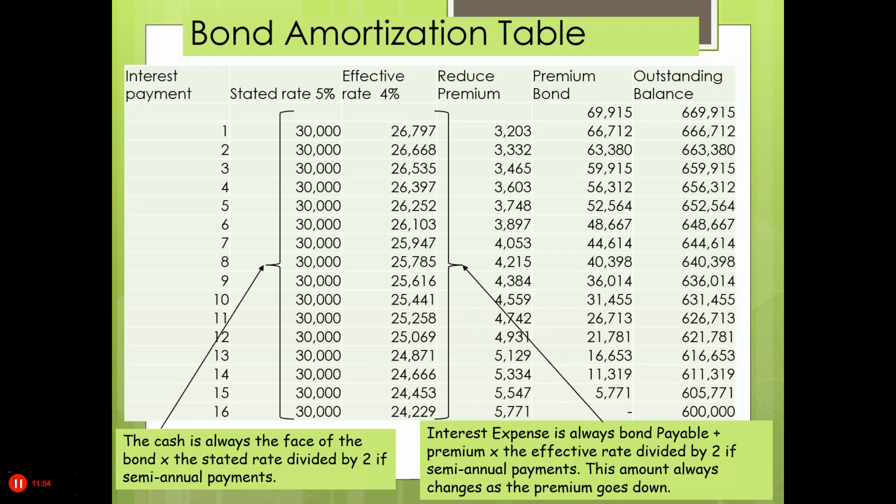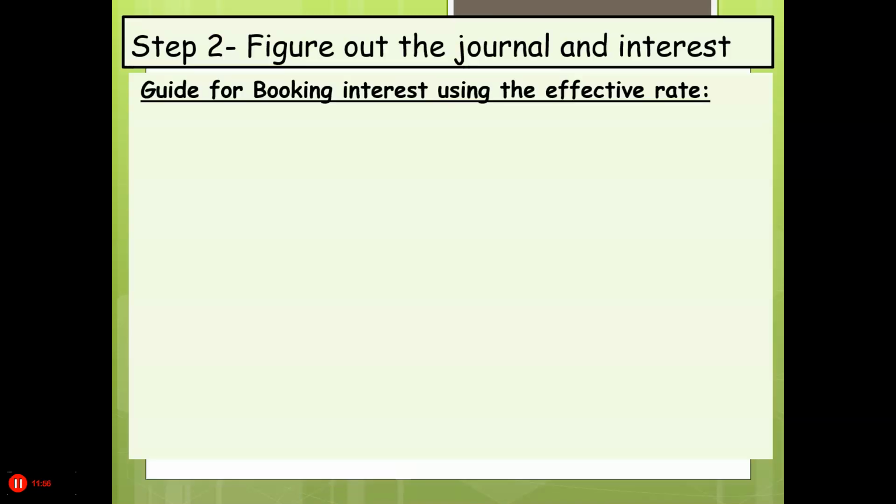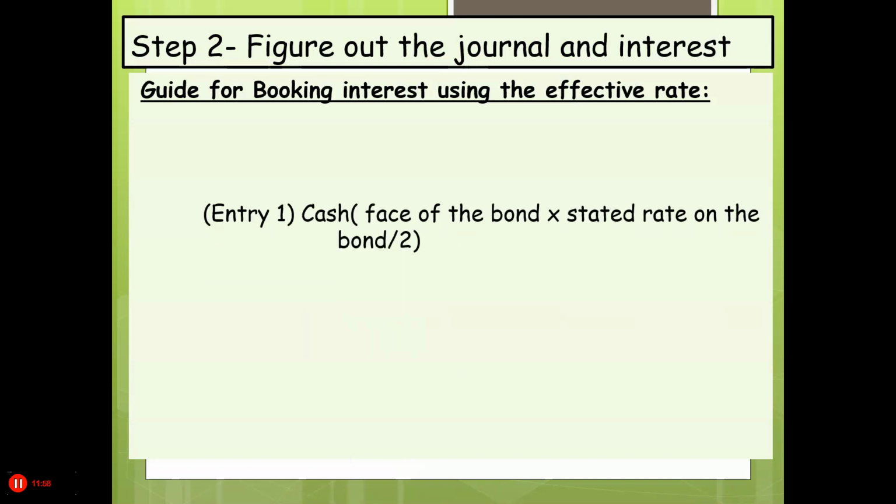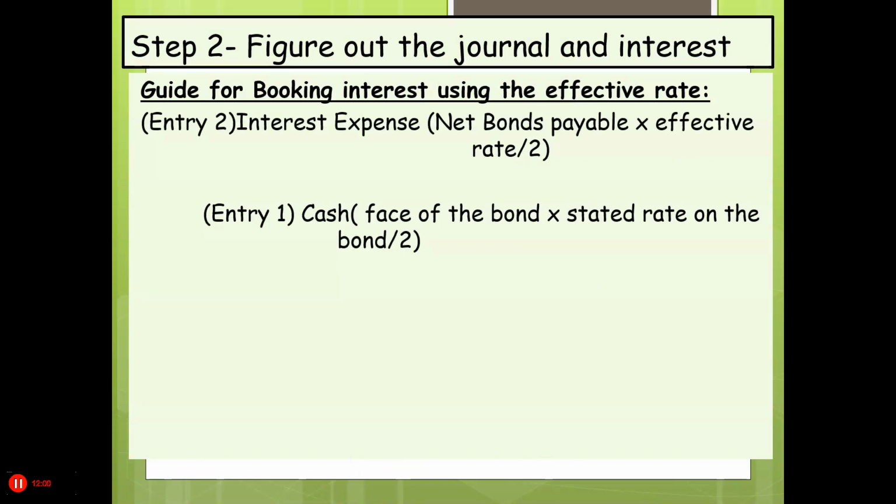So now let's look at what it looks like when we book the interest. Whenever you're doing the effective rate, you do the cash first, just like you do with straight line. The difference is your second entry is going to be interest expense, and the plug is going to be the debit or credit to premium or discount.